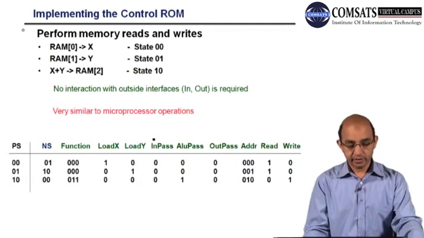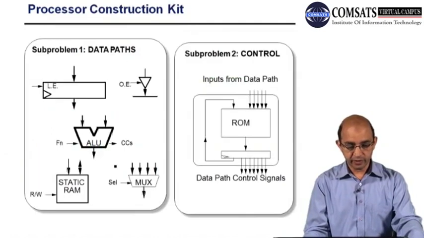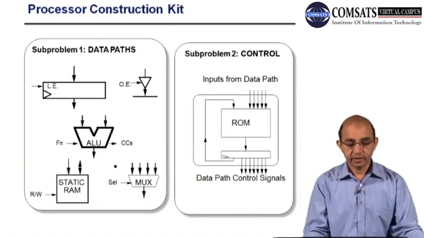This is the state table, with present state, next state, function, and loading. All the instructions and bits are available here. So this is the processor construction kit, and you can see that we have the data path and the control path.